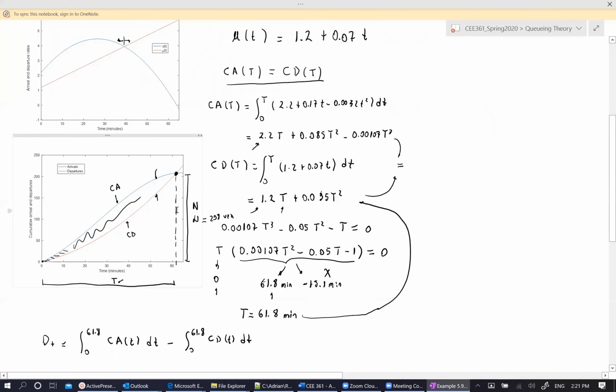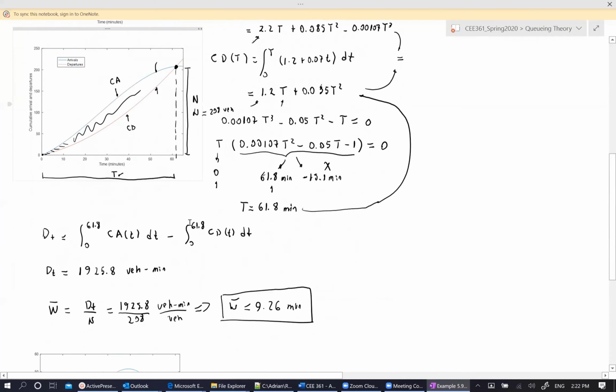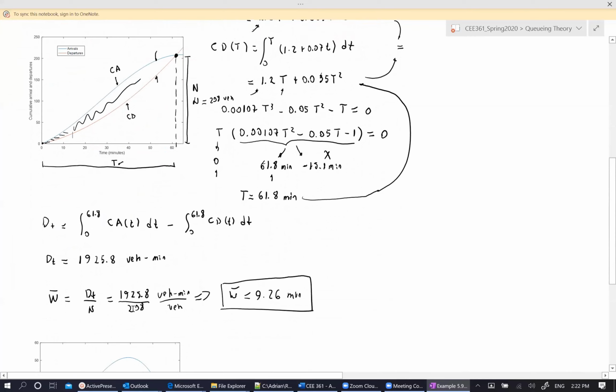Because we're looking at this point over here, at that point both curves are the same. So I plug the value of t in either curve, and I will get that value of n. That was the value of n I was using in the denominator the other day.